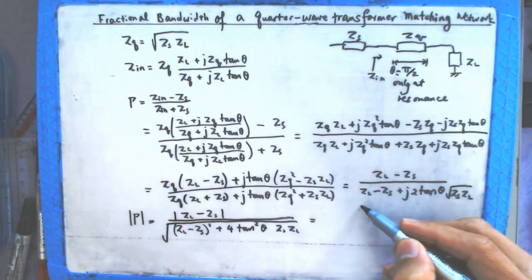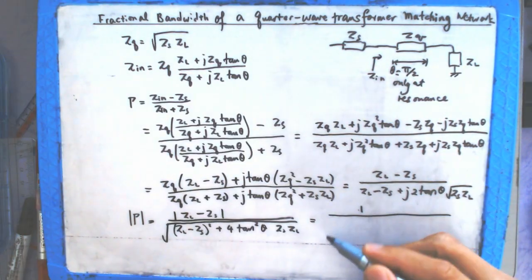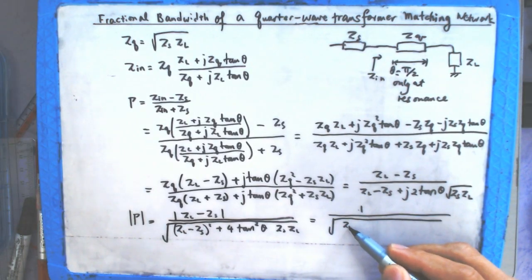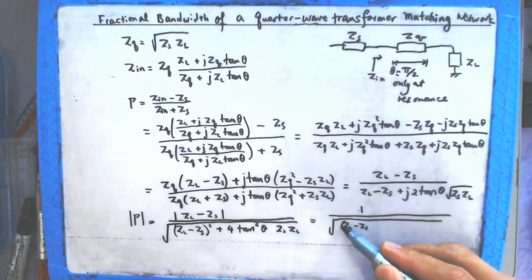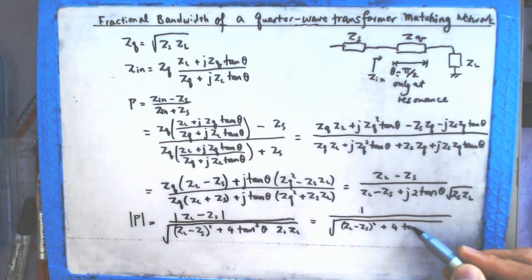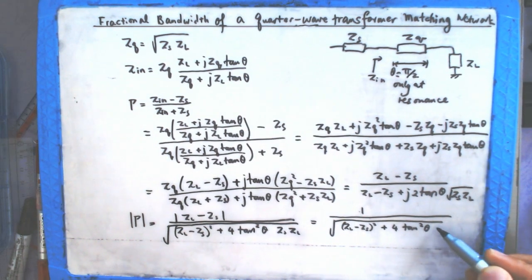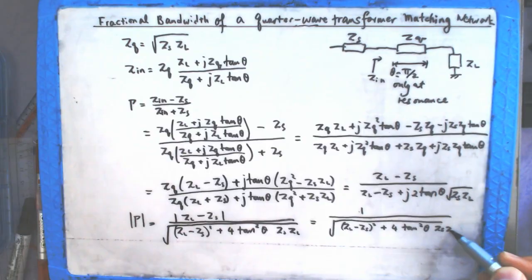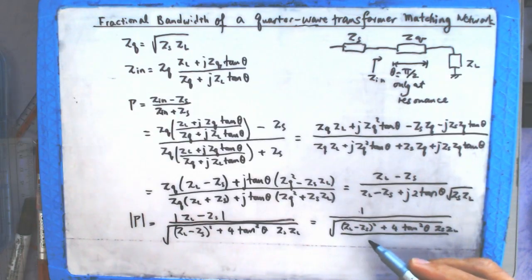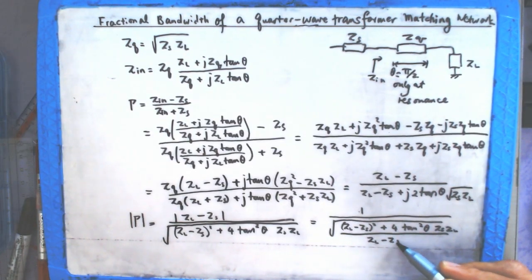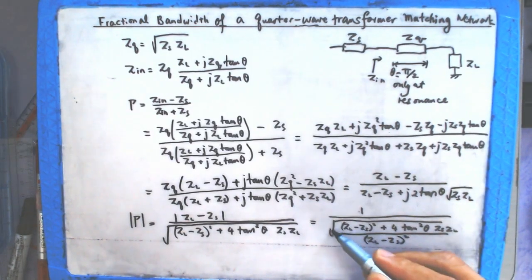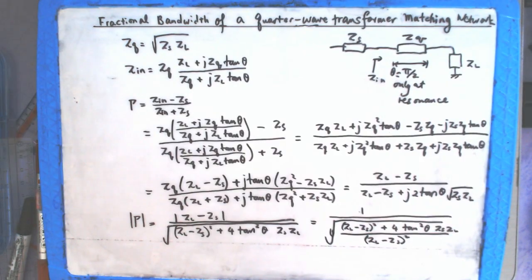So what we get here is ZL minus ZS plus 4 tangent square theta ZS ZL, so it will be ZL minus ZS. Remember, squared, yeah, because it's inside the square.